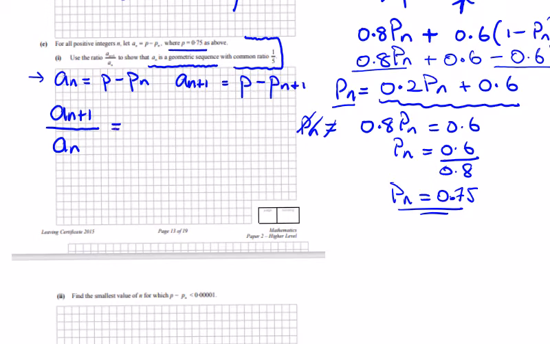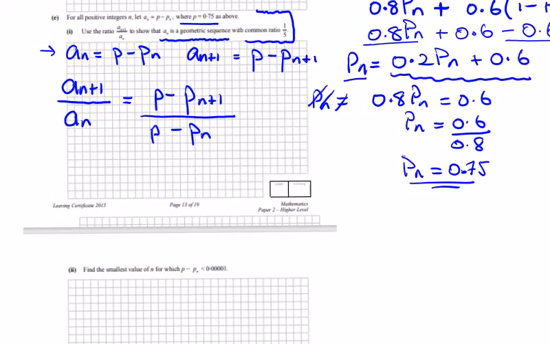So if I change this fraction here into p minus pn plus 1 over p minus pn, I'll make it some sort of ratio here. So what have I got? We have p, we just got p to be 0.75. So I can change the p to 0.75. pn plus 1 we had up here.